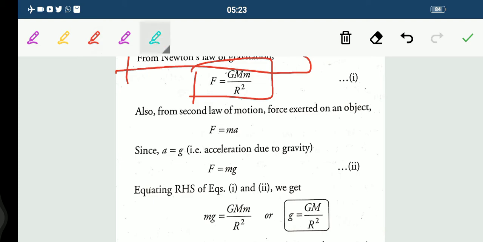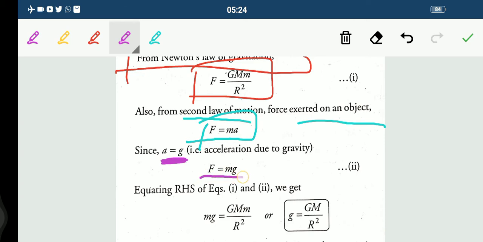Now students, from the second law of motion, the force exerted on an object is written as F is equal to ma. But in our topic, acceleration due to gravity, since a is equal to g, can we write F is equal to mg?